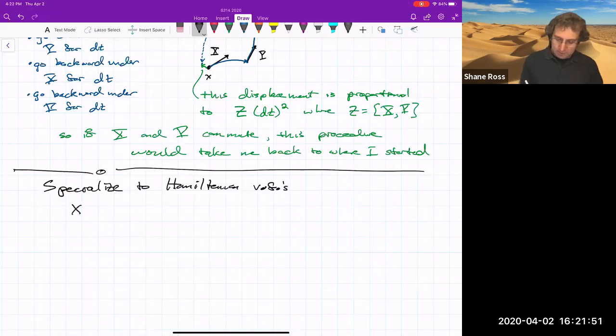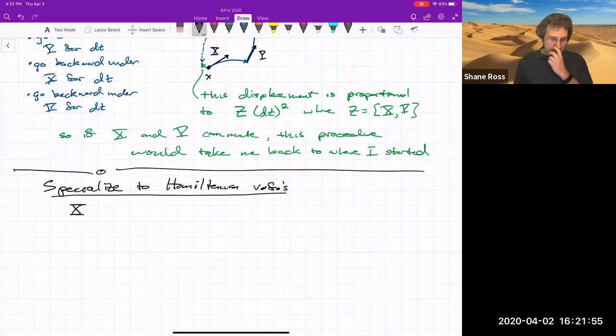So let's say I've got a Hamiltonian vector field, and this might look weird, but X sub F is the Hamiltonian vector field generated by the scalar function F, and X sub G is the Hamiltonian vector field generated by G.